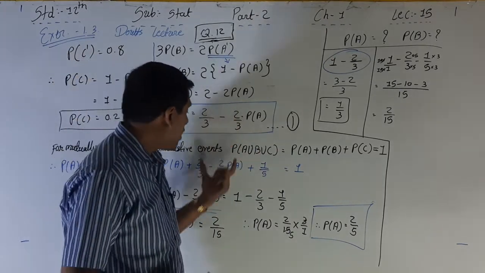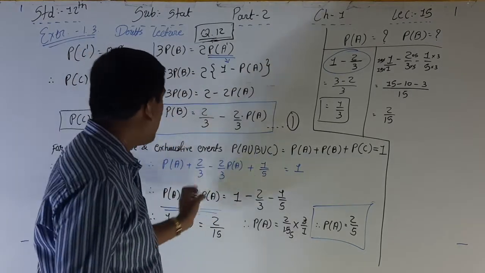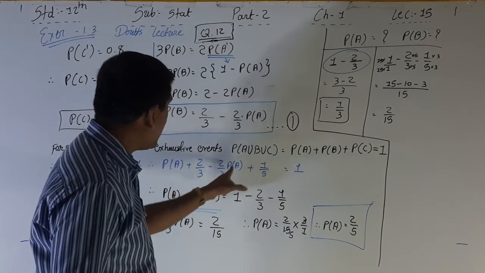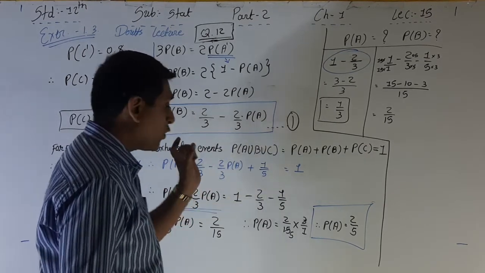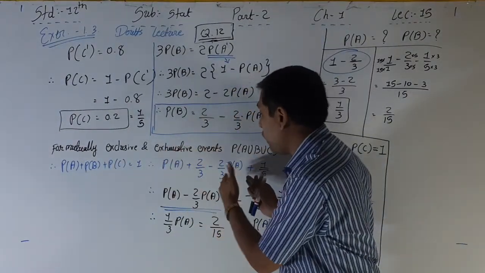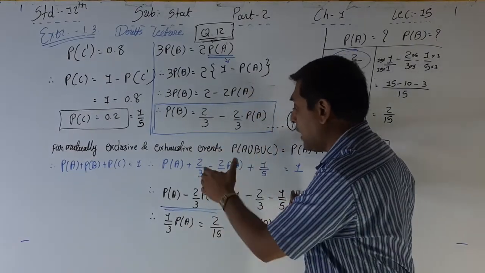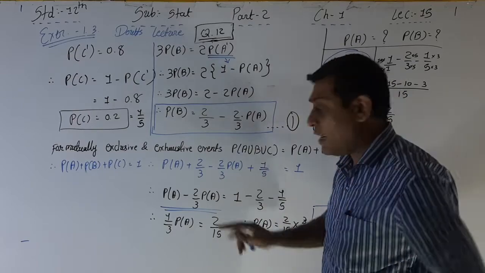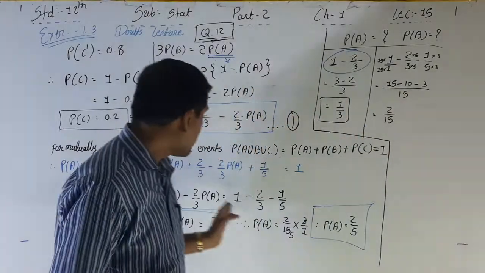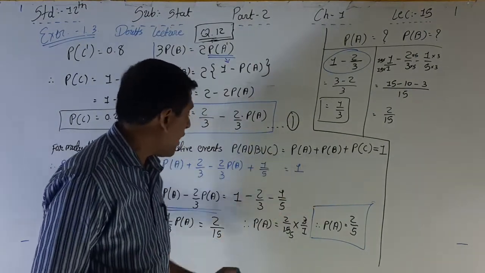P of B, what we are finding out, we are using that. P of C, that we are writing. But now we are first converting P of A minus 2 by 3 P of A. We are just getting together the P of A and P of A. All the terms of P of A we are writing here, and all the remaining ones, 2 by 3 and 1 by 5, we are transferring to the opposite side, that is 1 minus 2 by 3 minus 1 by 5.